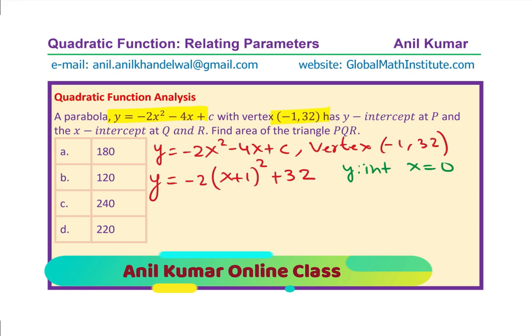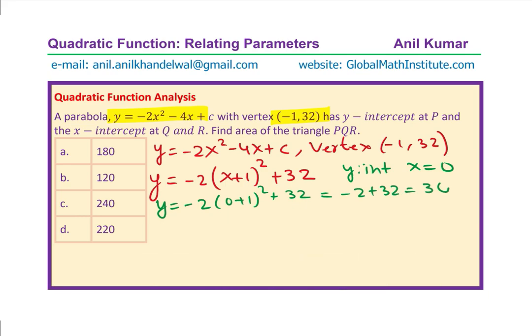In that case, it will be y equals minus 2 times (0 plus 1) whole squared plus 32. That clearly gives you minus 2 plus 32, which is equal to 30. So basically, we found the y-intercept c equals 30 using this particular equation. You see that idea? It's a very effective way of solving such questions.